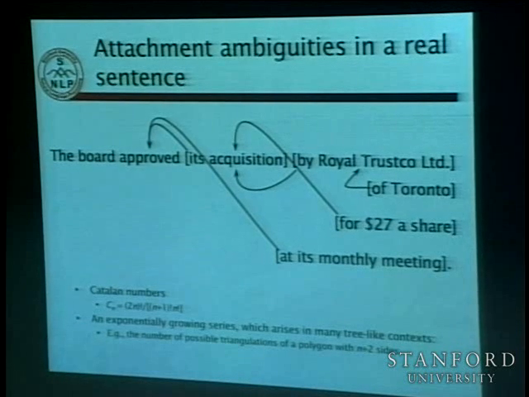Well, if we had no constraints, how many possible modification structures could we have? Oh, you're right, we do. Sorry.